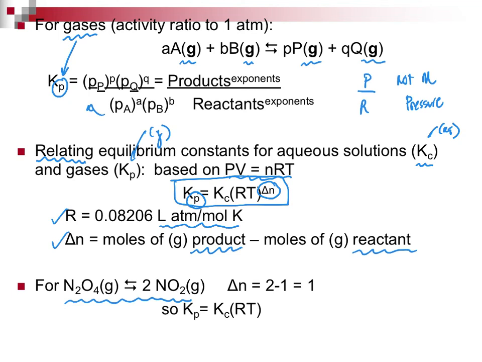What am I doing here? Well, I'm looking for the delta n only of the gases. I have 2 gases as a product. I have 1 gas as a reactant, and so I come up with the number 1. If I come up with the number 1, what I have here is Kp is now equal to Kc times RT, which is the gas constant times temperature.